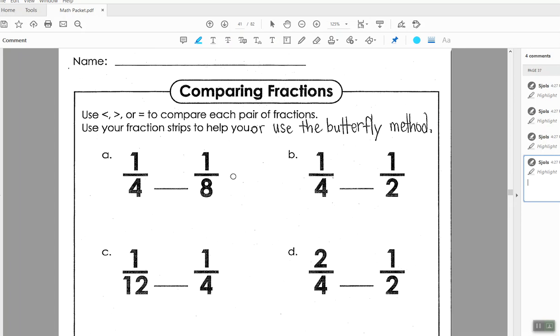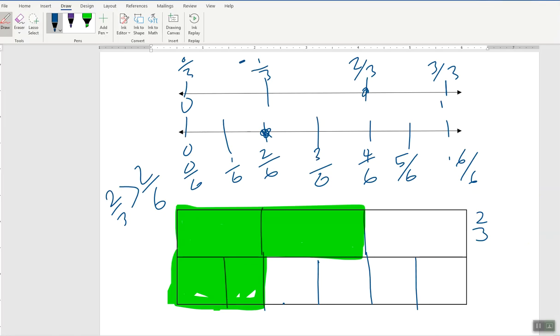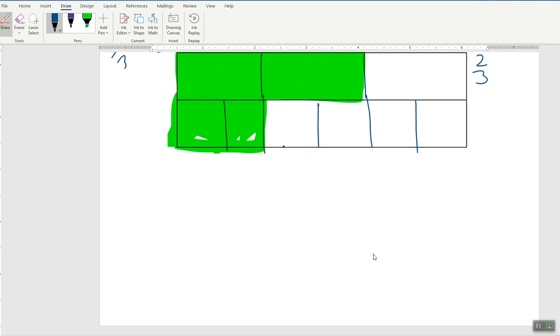So then coming down here, they just give you the fractions. It says use your fraction strips to help you or use the butterfly method. We haven't talked about that yet. What's the butterfly method? Well, the butterfly method looks like this. So let's go back to what we started with here. We have 2 thirds and we have 2 sixths. What does a butterfly look like?